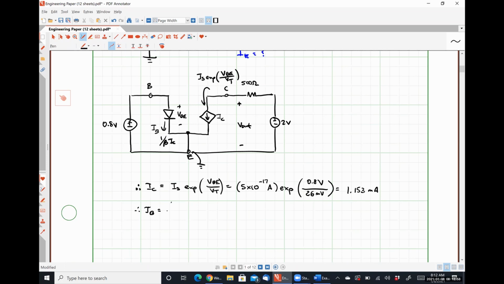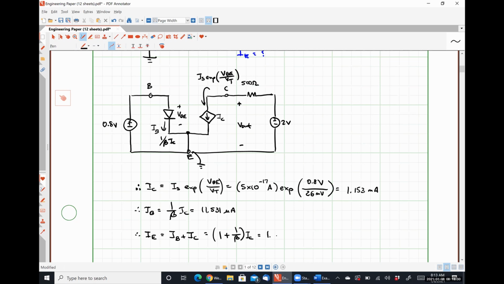IB is simply 1 over beta IC. So that's just this divided by 100, which is 11.531 microamps, easy enough. And then IE is IB plus IC, which is the same as 1 plus 1 over beta IC, if you want to go that route.